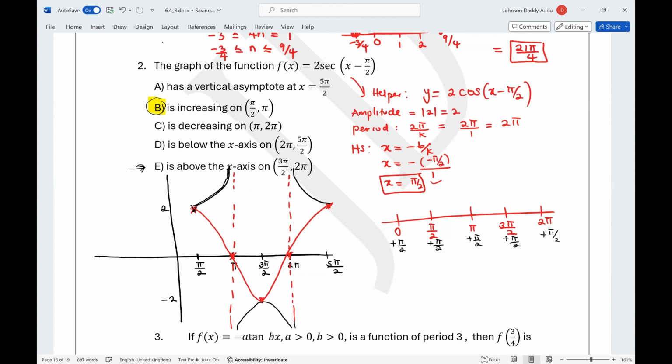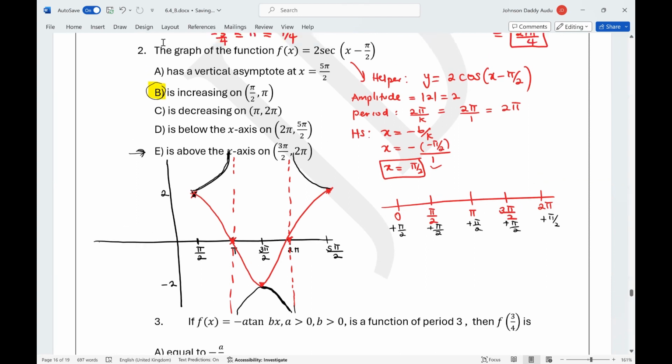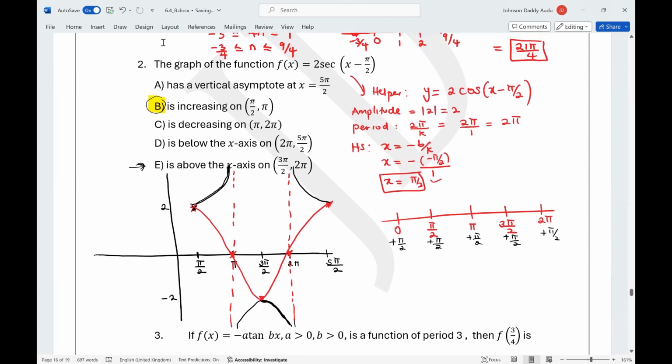You can see that from 3 pi over 2 to 2 pi, the function is actually below the x-axis because we're dealing with the green one, right? All right. So the only correct option is B.